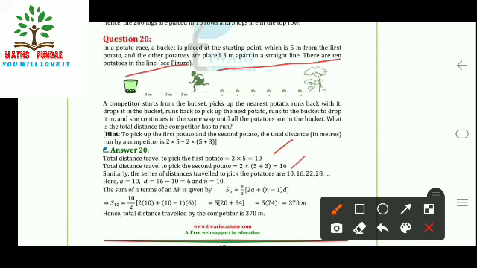Likewise we have 10, 16, 22, 28. So a is equal to 10, d is equal to 6, n is equal to 10. The sum of n terms of an AP is given by Sn is equal to n upon 2 into 2a plus n minus 1 into d. So we have S10 equal to 370 meters. Hence the total distance traveled by the competitor is 370 meters.